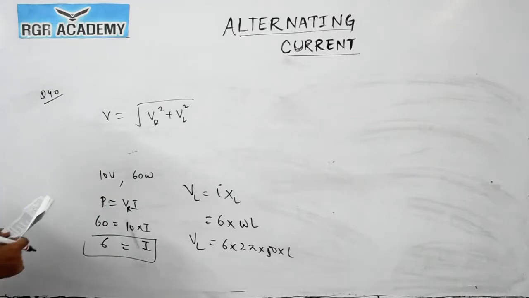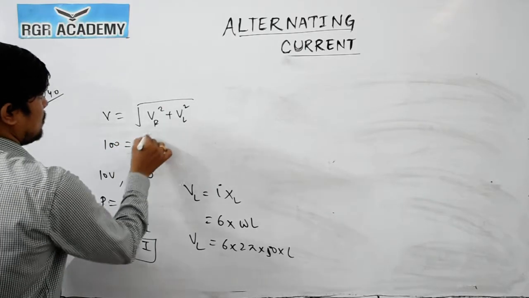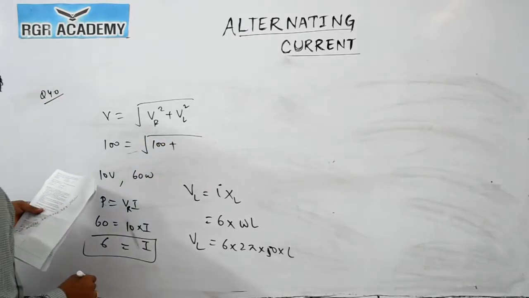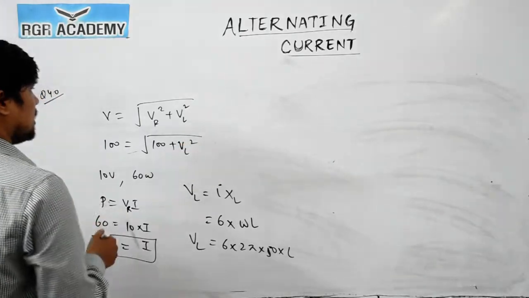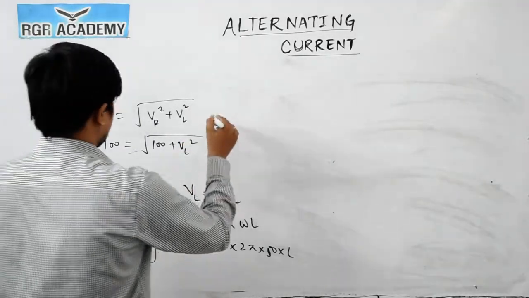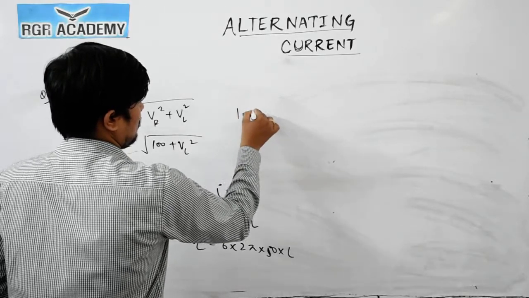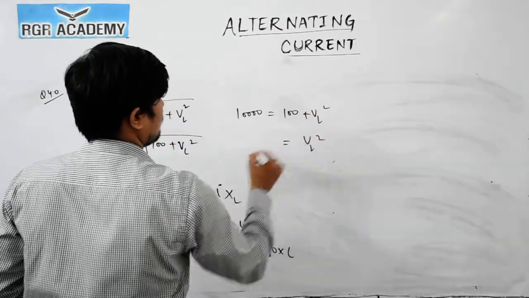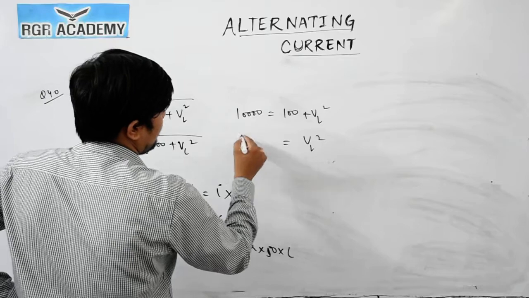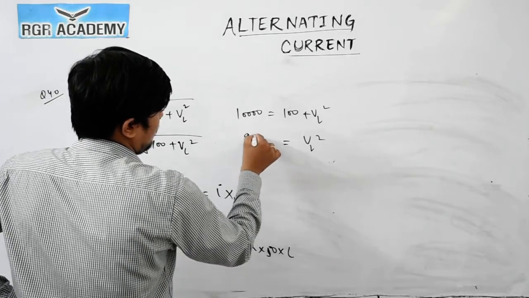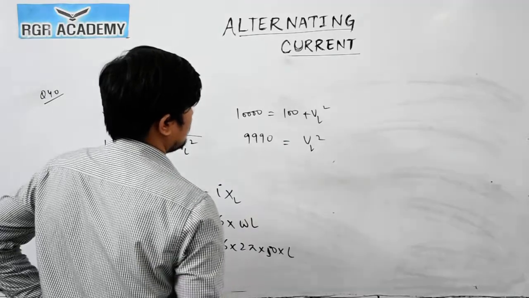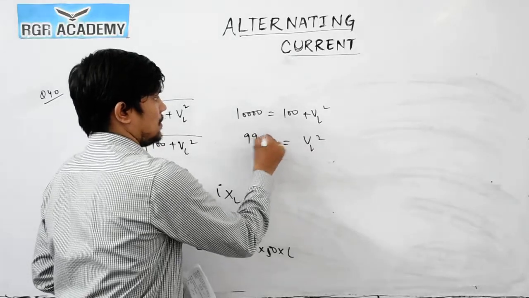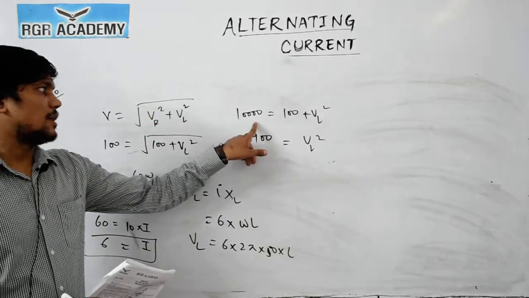The total potential drop is given as 100. So 100 equals under root of VR square plus VL square, that is 100 plus VL square. If you square both sides, this will become 10,000. So 10,000 equals 100 plus VL square. So VL square equals 9900, because if you subtract 100 you get 9900.